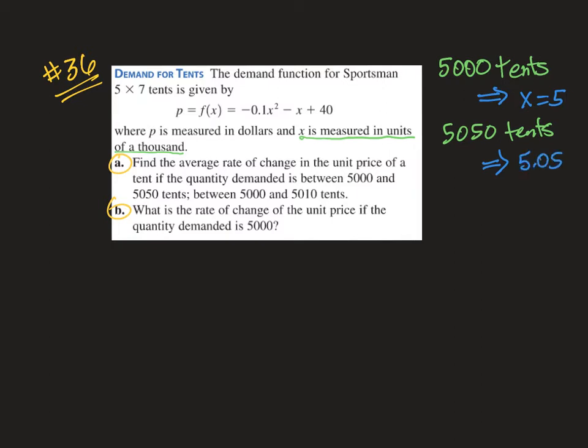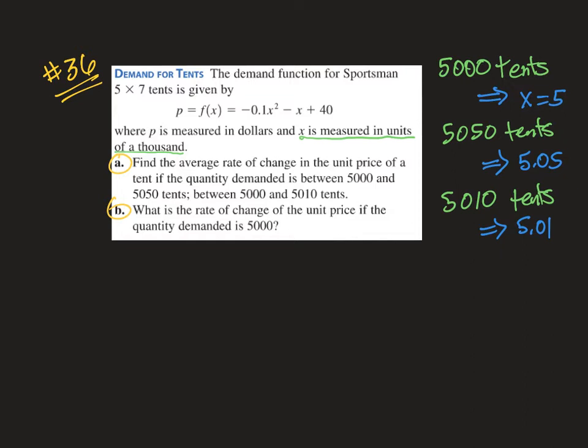And then you can see we also have to do, I think it's 5,010 tenths. So that implies that x equals 5.01. So these blue numbers are the x values that we're going to use when we do our calculations.